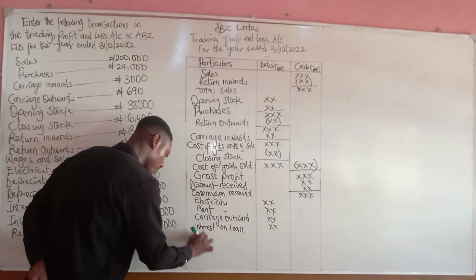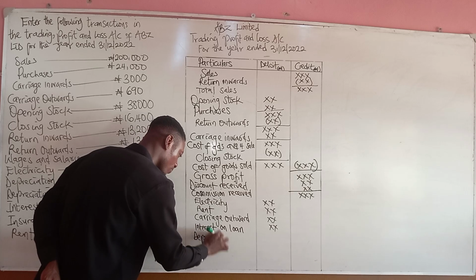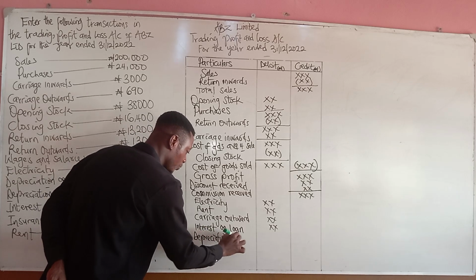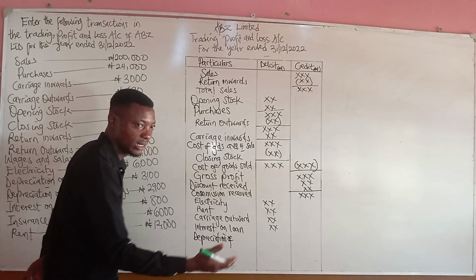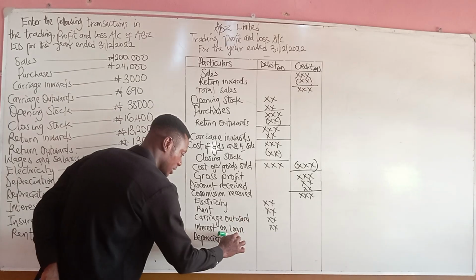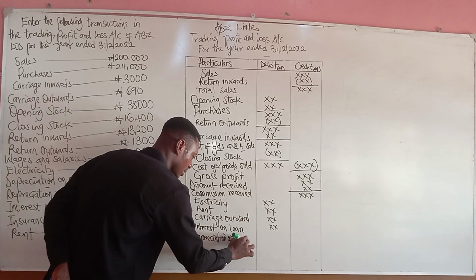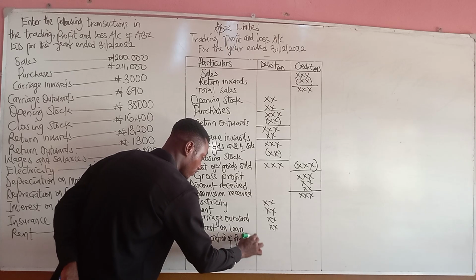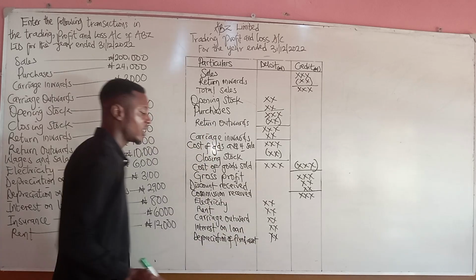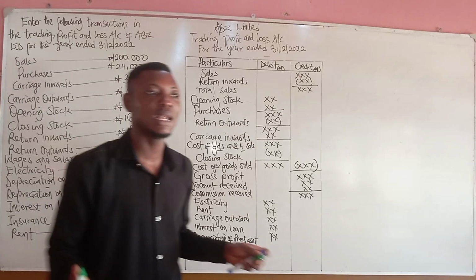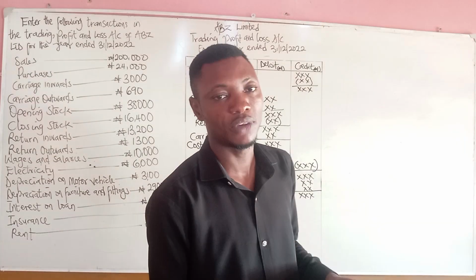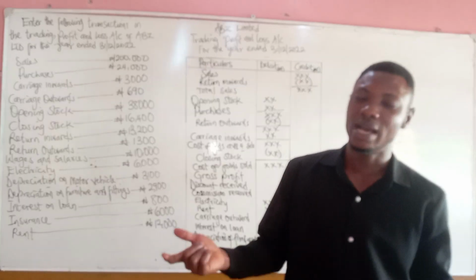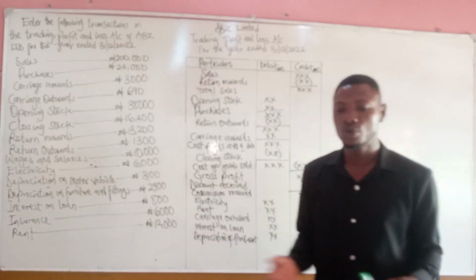Now, depreciation on fixed assets. Because I cannot list them one after the other because of space, let me just say fixed assets. When we say fixed assets, we have land and building, furniture and fittings, plant and machinery, motor vehicles.